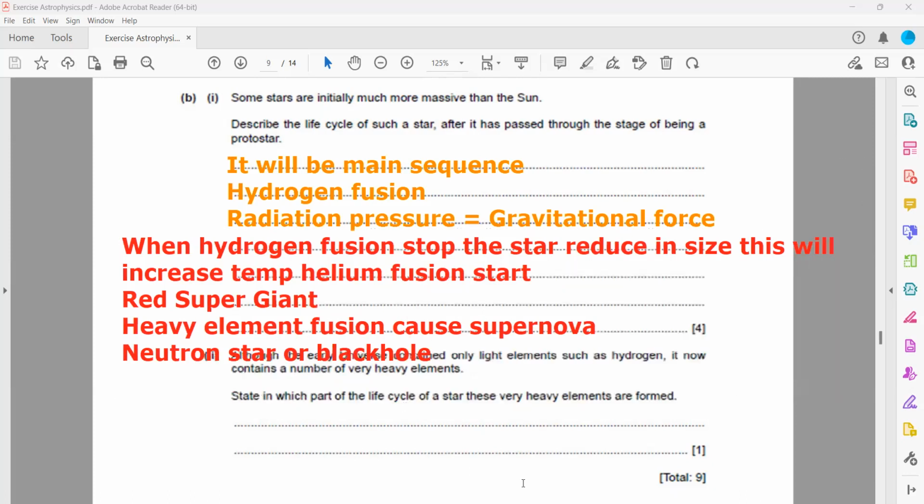That is the life cycle for a massive star, a star with greater mass than the Sun.